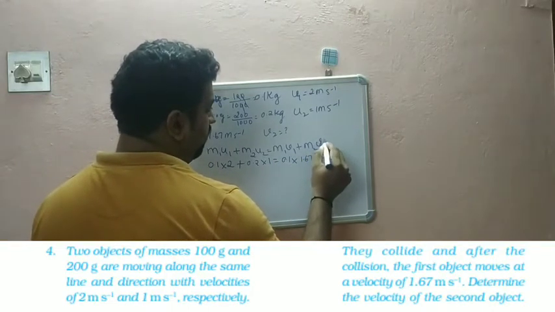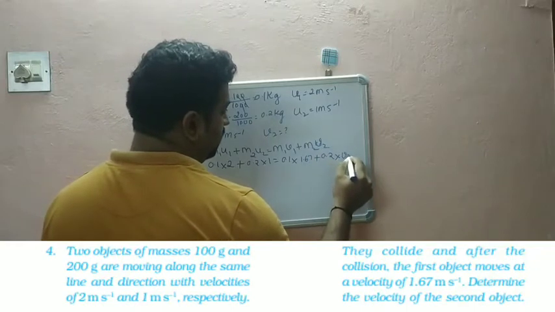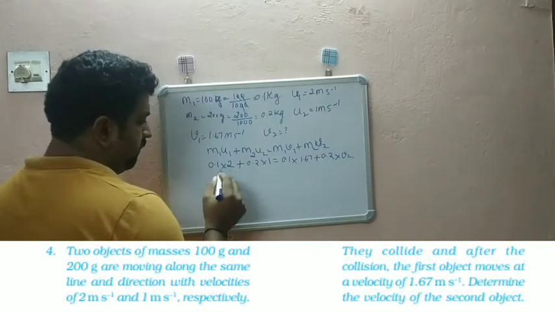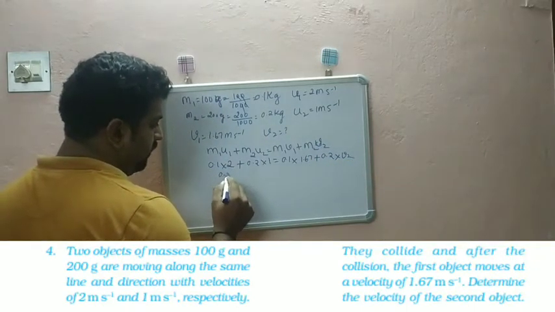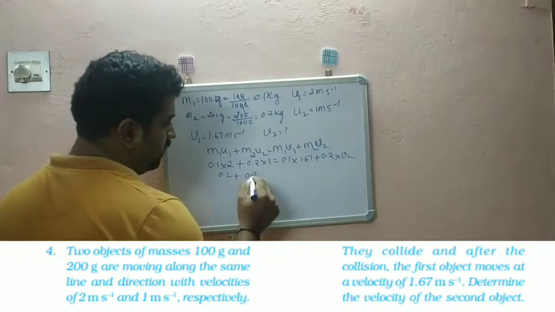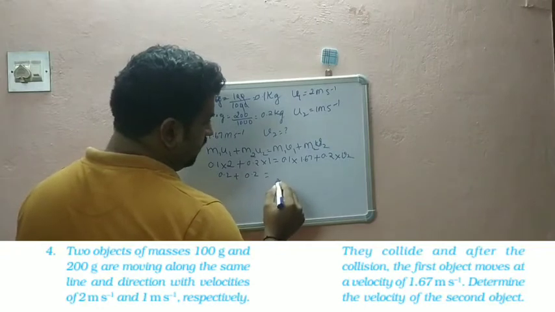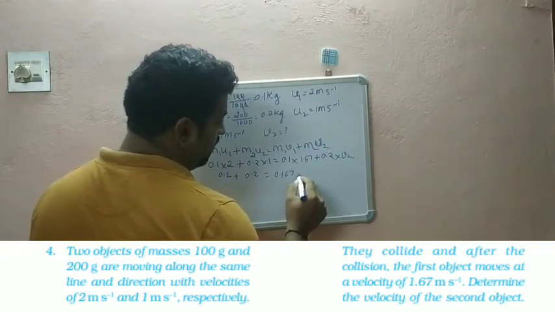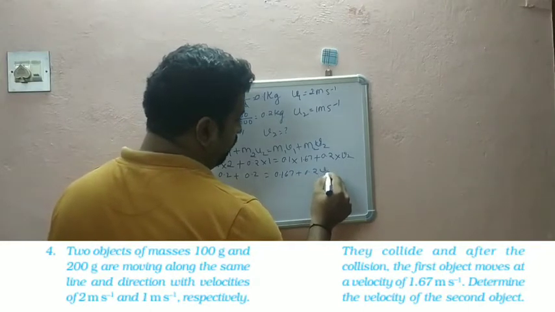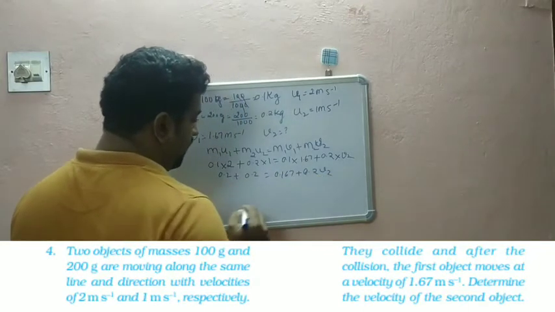V2 we have to find out. So 0.1 into 2 is 0.2, plus 0.2 is equal to 0.1 into 1.67, which is 0.167, plus 0.2 V2.